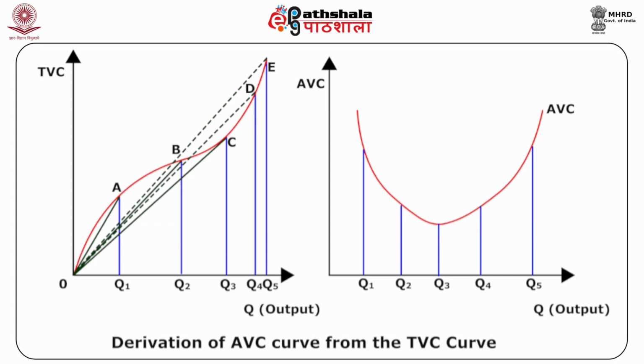Beyond this point, when output increases, total variable cost increases at an increasing rate. So once again, to begin with, the average variable cost was high, it started to decline. At point C, it became the minimum, and once again it starts rising. So we have a U-shaped AVC whose minimum point is at Q3 and it corresponds to point C on the total variable cost curve.